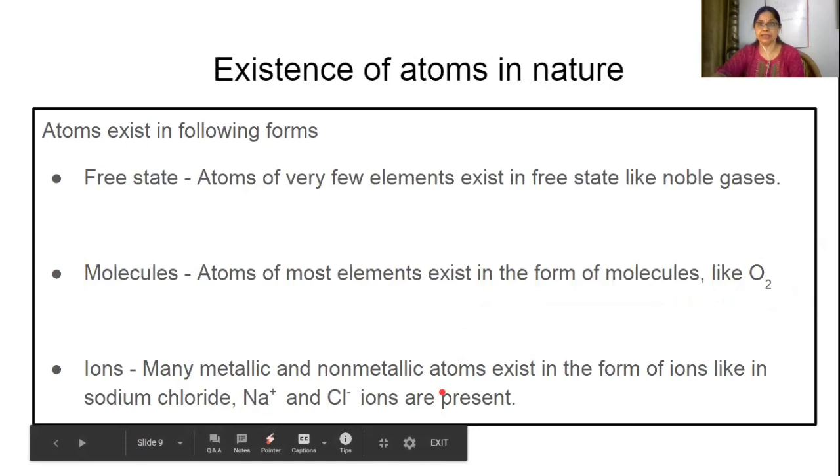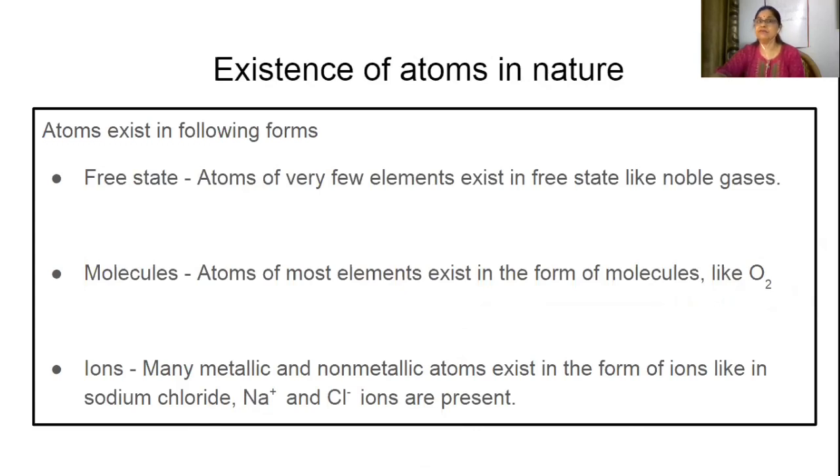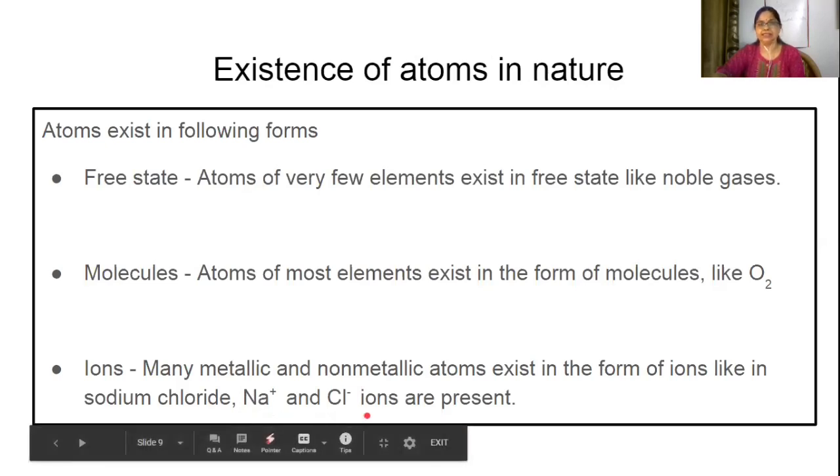Atoms also exist in the form of ions. In case of metallic atoms, they exist in the form of positive ions. If we consider the non-metallic atoms, then they exist in the form of negatively charged ions, like Na+ and Cl- ions.